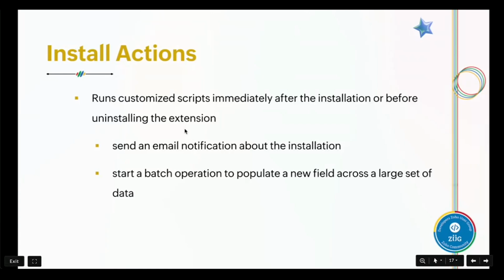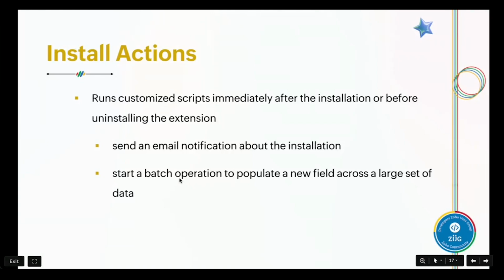Say you have published an extension, and whenever a user installs your extension, you want to send a welcome email to that user. That action can be configured with the help of install actions. In the same way, if your extension requires any fields to be created by default on installing it, those customizations can be configured with install actions.